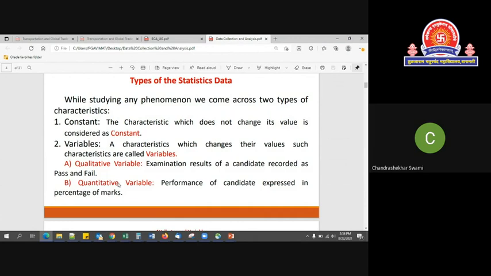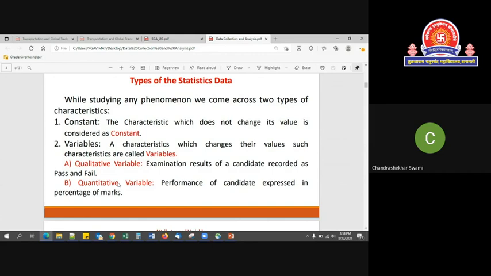But if instead of height we consider the weight of a person, then it changes year by year, month by month. So a characteristic which changes its values, here I am discussing the weight of a person, is called a variable.